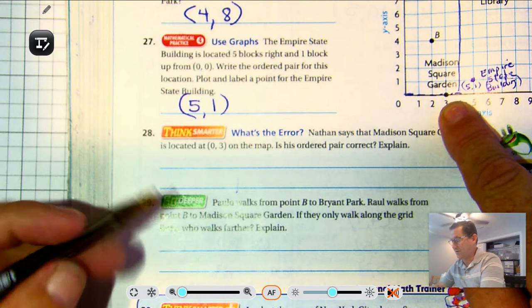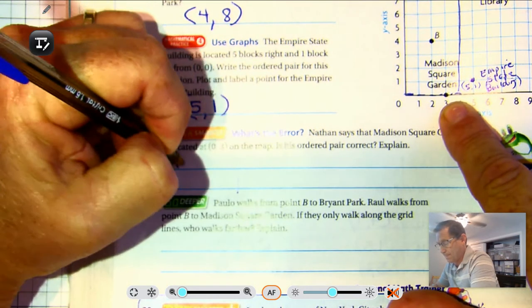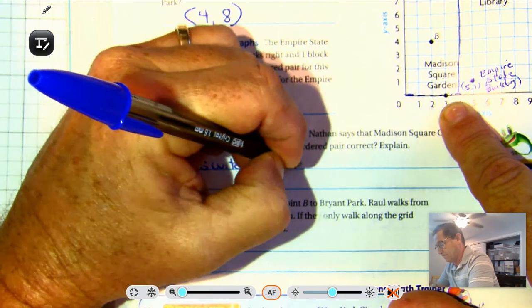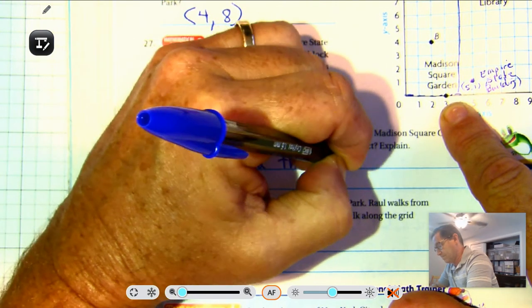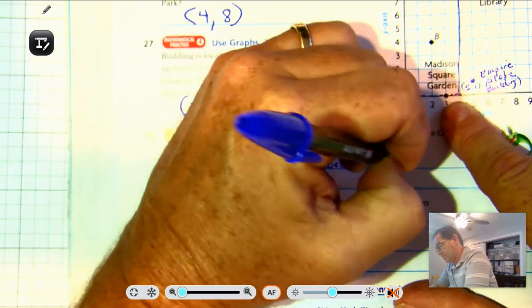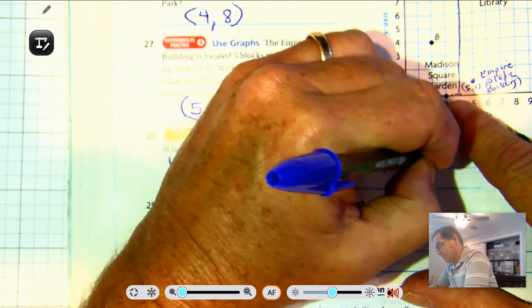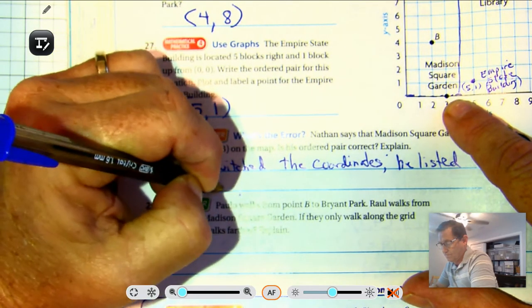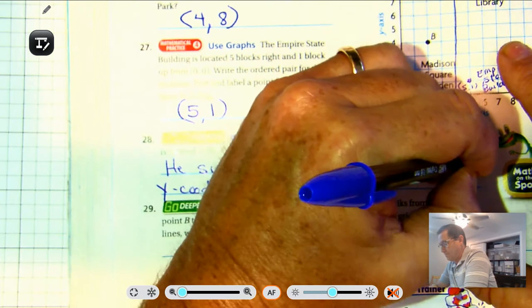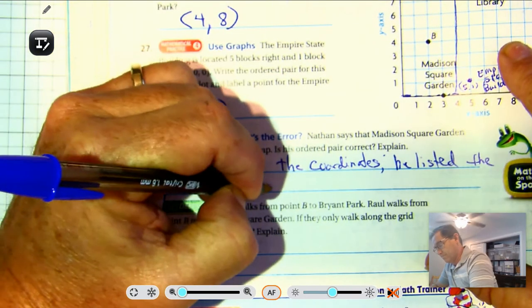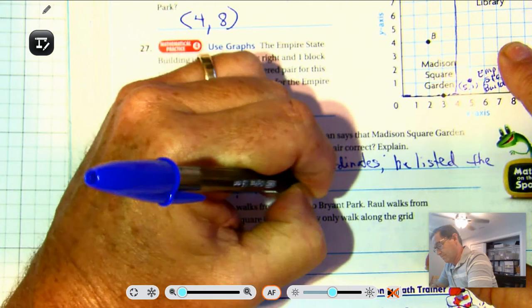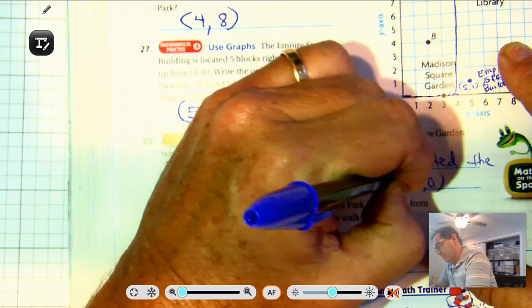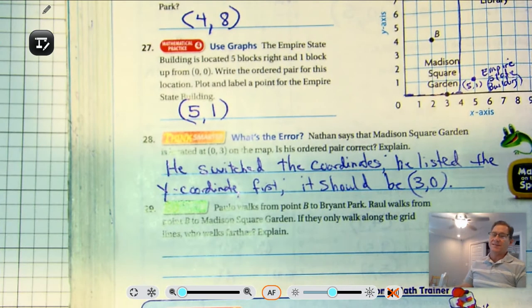Remember, x has to be listed first. Okay, so it should be 3, 0, not 0, 3.